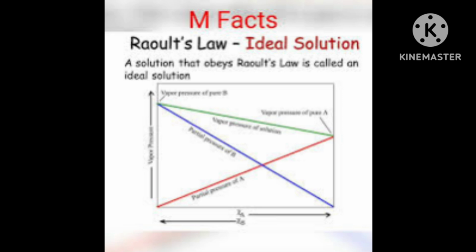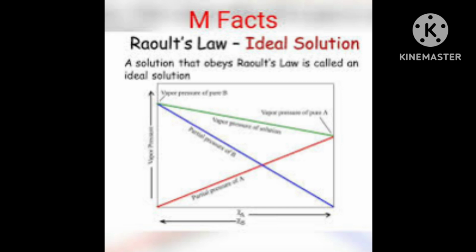The second component is also pure. The only difference is that both components are pure, but one component's vapor pressure is less than the other. Here P1 0, component 1, was the liquid having less vapor pressure.